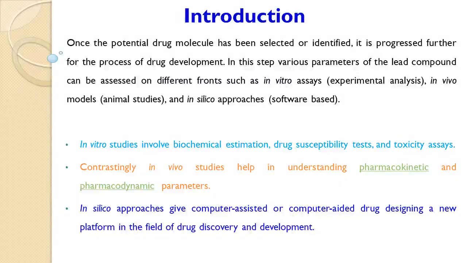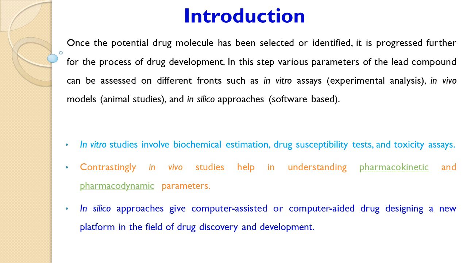Once the potential drug molecule has been selected or identified, it is progressed further for the process of drug development. In this step, various parameters of the lead compound can be assessed on different fronts, such as in vitro assays, in vivo models, and in silico approaches. In vitro studies involve biochemical estimation, drug susceptibility tests, and toxicity assays.